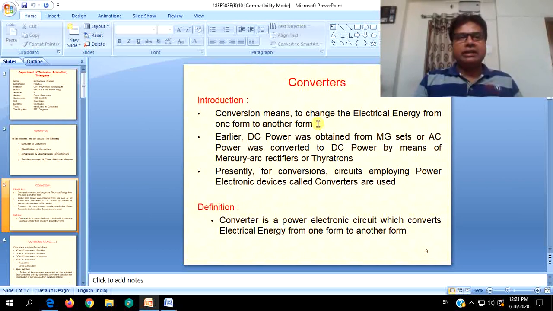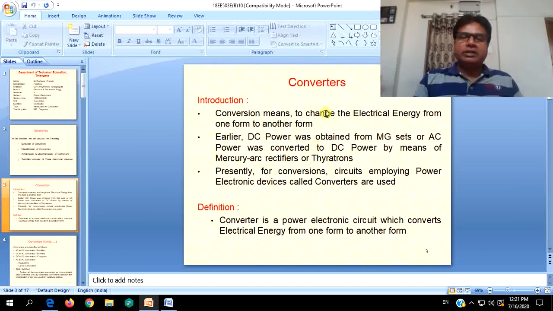And again, in AC and DC, different parameters can be changed as per requirement, that is currents, voltages and frequencies. So depending on them, we will be converting the electrical power available from a source from one form to another form, that is AC to DC or DC to AC or AC to AC or DC to DC.